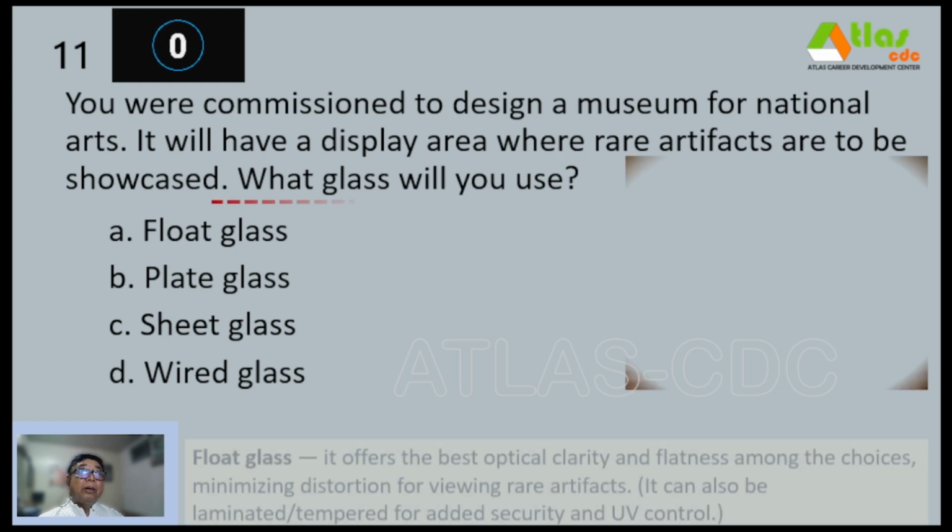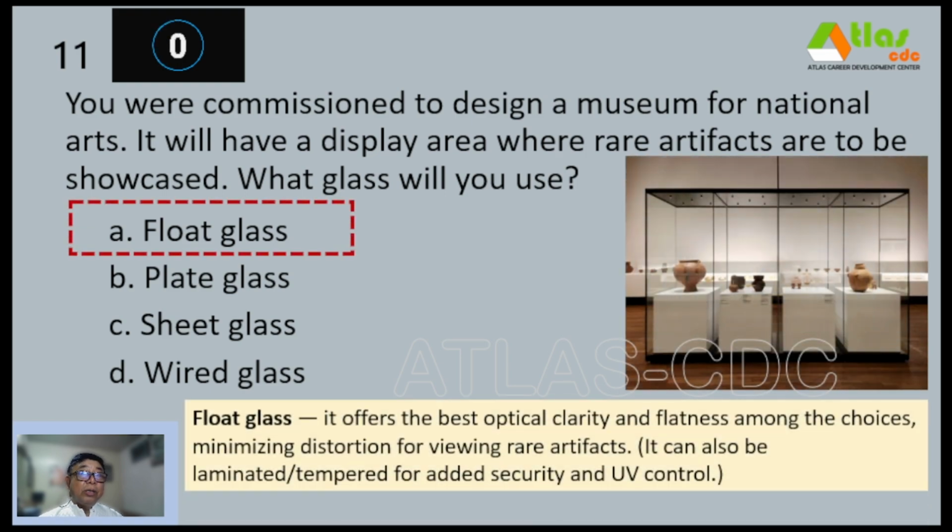And our correct answer is letter A, float glass. So float glass offers the best optical clarity and flatness among the choices, minimizing distortion for viewing rare artifacts. It can also be laminated, tempered for added security and UV control.